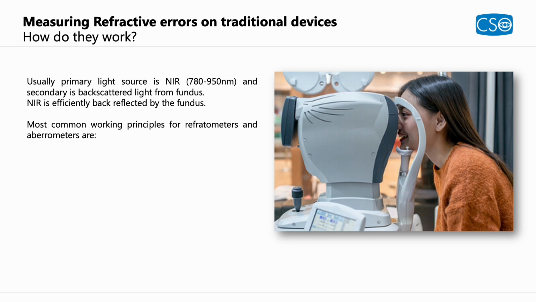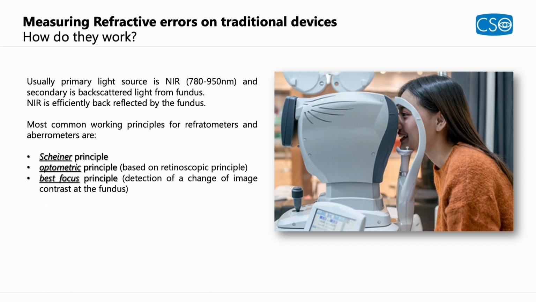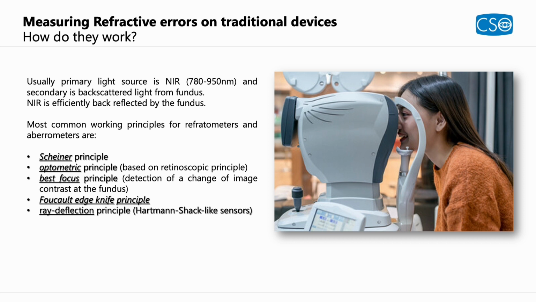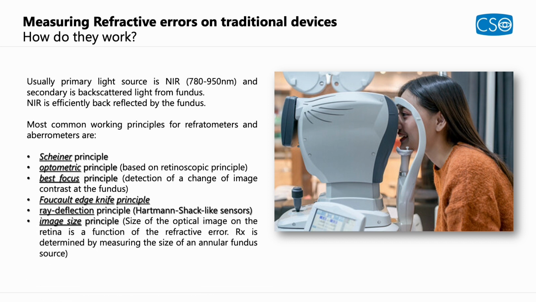The near infrared light is sufficiently back reflected by the fundus, and the most common working principles for refractometers and aberrometers are the following: Scheiner principle, autometric principle, best focus principle, focal edge knife principle, on which open field aberrometry is based, ray reflection principle, which is the one with Hartmann-like sensors, and image size principle. All of them in one way or another have been used for this purpose.